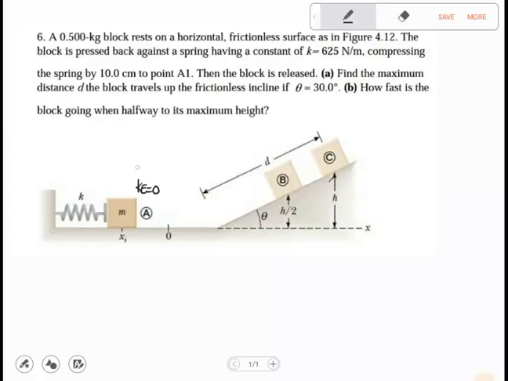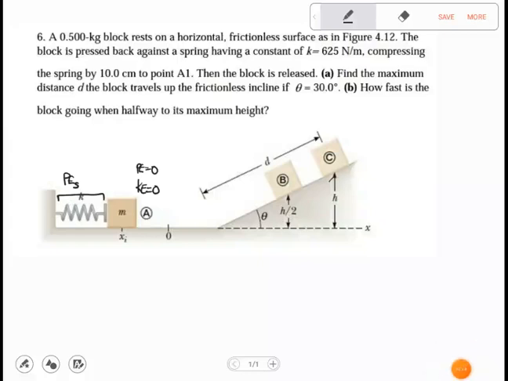Even potential energy at the same point is 0. The only form of energy that we have is the energy stored in this spring, which is the elastic potential energy. There's no height, there is no velocity because it's from rest.